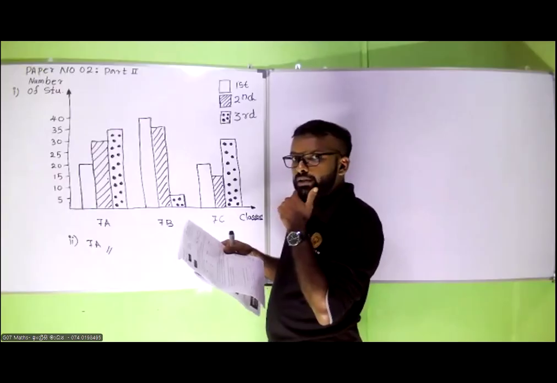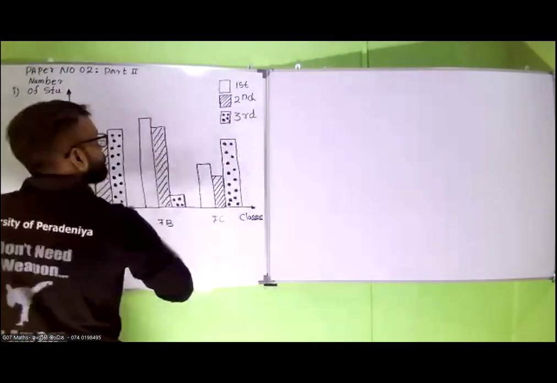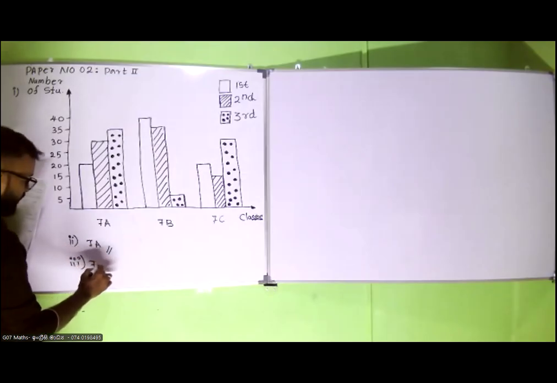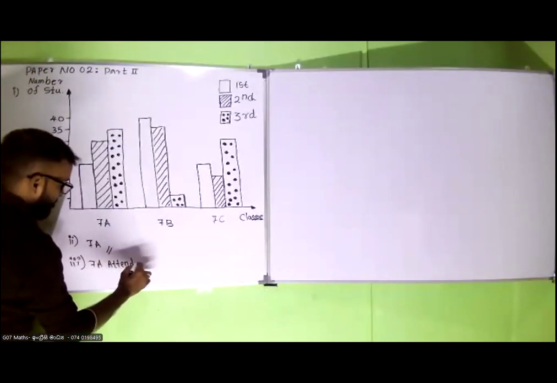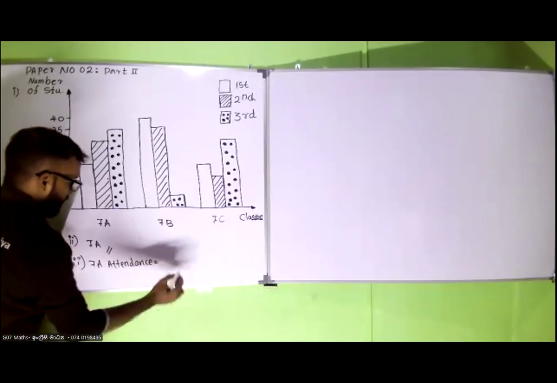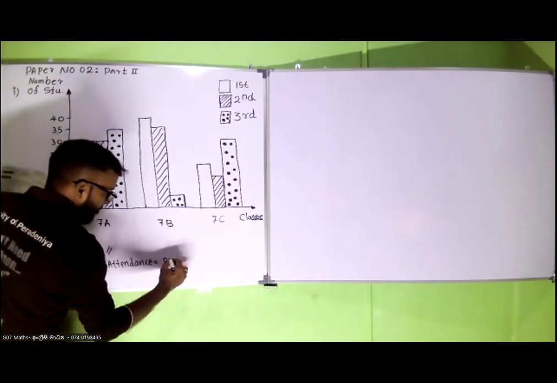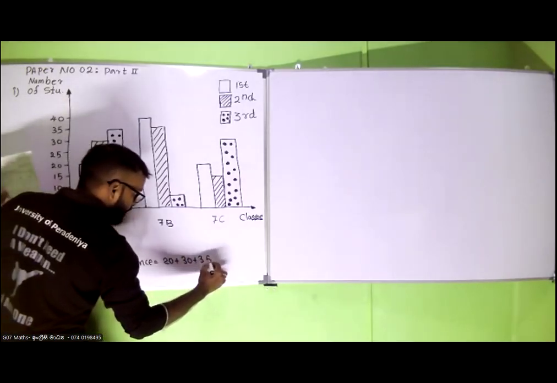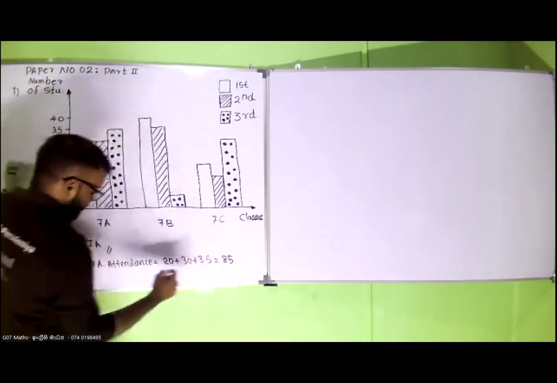So shall we add them? 7A class attendance equals 20 plus 30 plus 35, 50, 80, 85. 85 students.